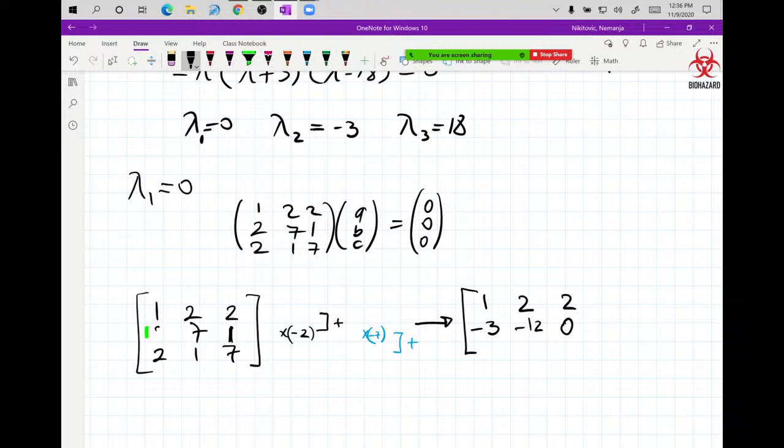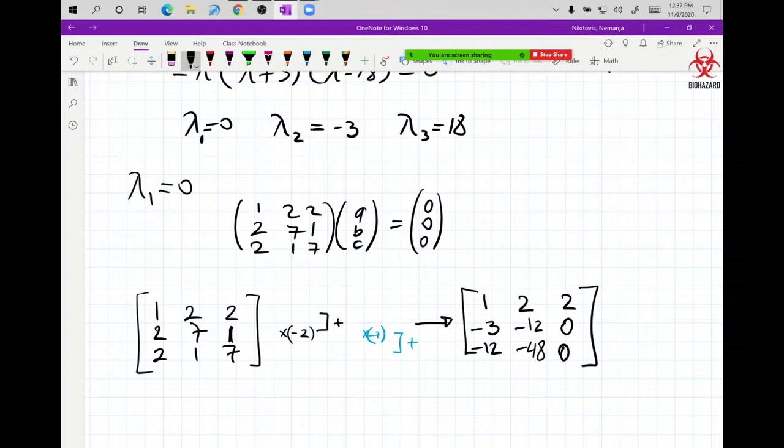So now I have my second row, and now do the same thing for the third row. I'm multiplying the top row by -7. So that's -14, and 2 is -12. And then I'm multiplying the bottom one by -7. 7 times -7 is -49, plus 1 is -48. And 1 times -7 is -7, plus 7 is the 0 that we were looking for.